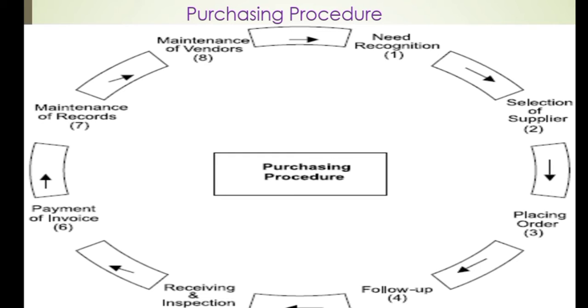Recognition of the need. See point number 1 in the flow chart. The initiation of the procedure starts with the recognition of the need by the needy section. The demand is lodged with the purchase department in the prescribed purchase requisition form, forwarded by the authorized person either directly or through the store department in the organization.